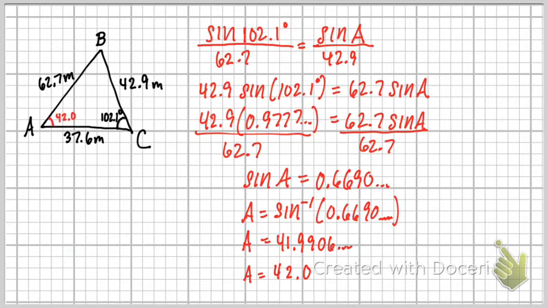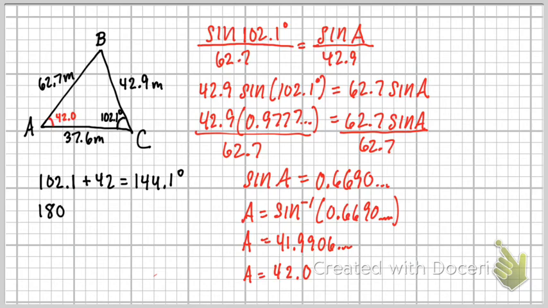Now for the third angle, essentially we don't have to use the law of sines like I did in my first video. I could just use the idea that I have 102.1 plus 42, and that's going to be 144.1. And I know altogether it has to equal 180 degrees. So I could just use that idea to figure this out.